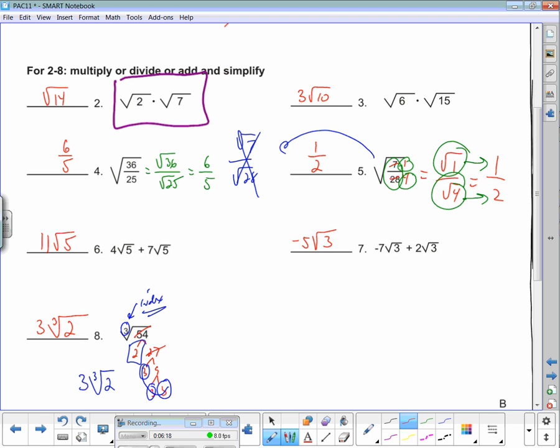However, if you look at number 3, you'll realize a 6 is a 2 times 3, and a 15 is a 3 times 5. And you'll realize you can take the root of the two 3s. What's the square root of 3 times 3?